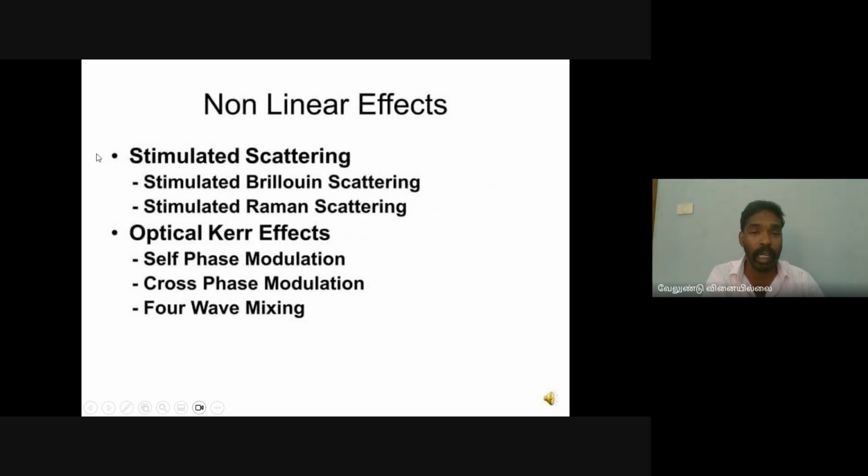Stimulated scattering and optical Kerr effects are the major classification of our nonlinear effects. Stimulated scattering has two types, and the optical Kerr effect has three types. This is the content we are going to discuss today.